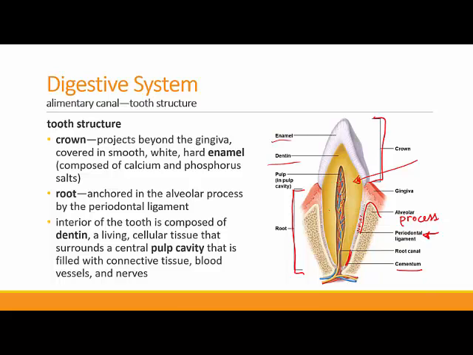And last of all, this space here where the blood vessels and the nerve enter into the tooth is referred to as the root canal. So when someone is having a root canal performed, the top part of the tooth is ground out.